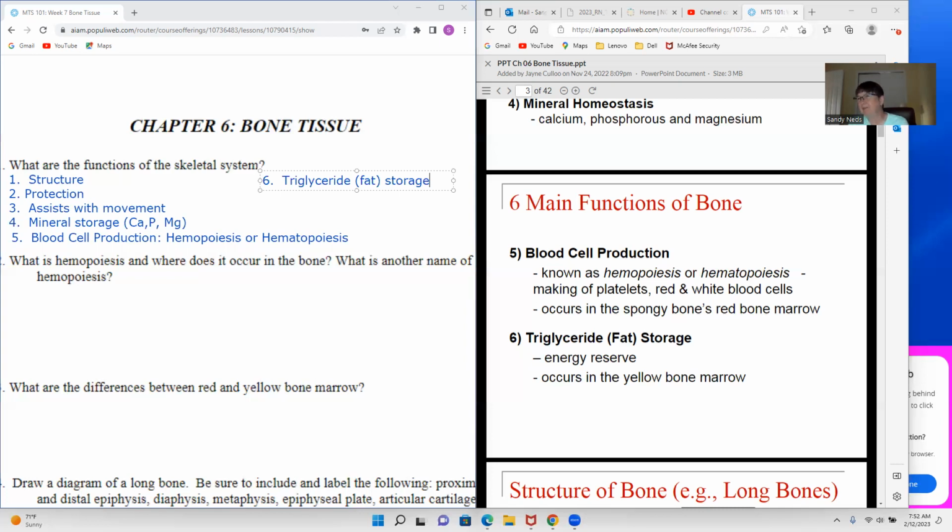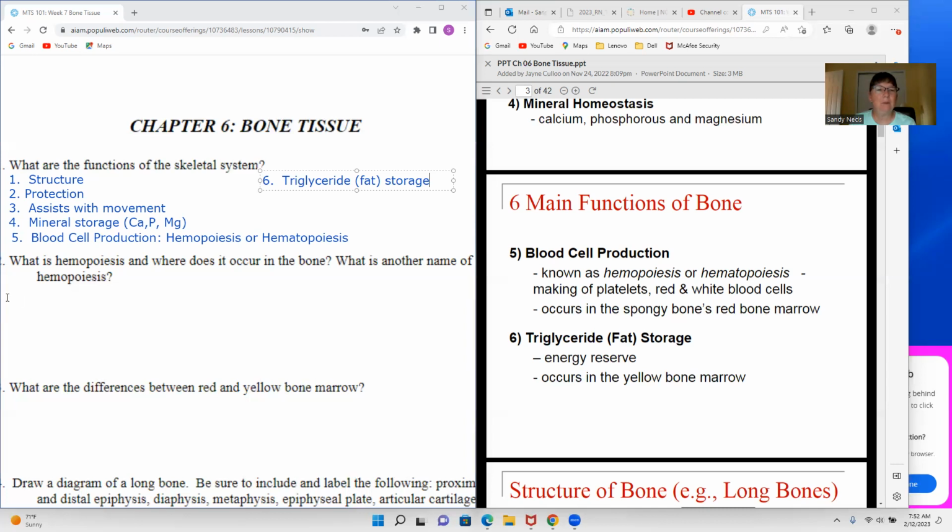Then we get into the kind of gray area, the other 3: mineral storage of calcium, phosphorus, magnesium, the production of blood cells, hemato or hemopoiesis, and then triglyceride storage in the diaphysis, and triglycerides are fat.